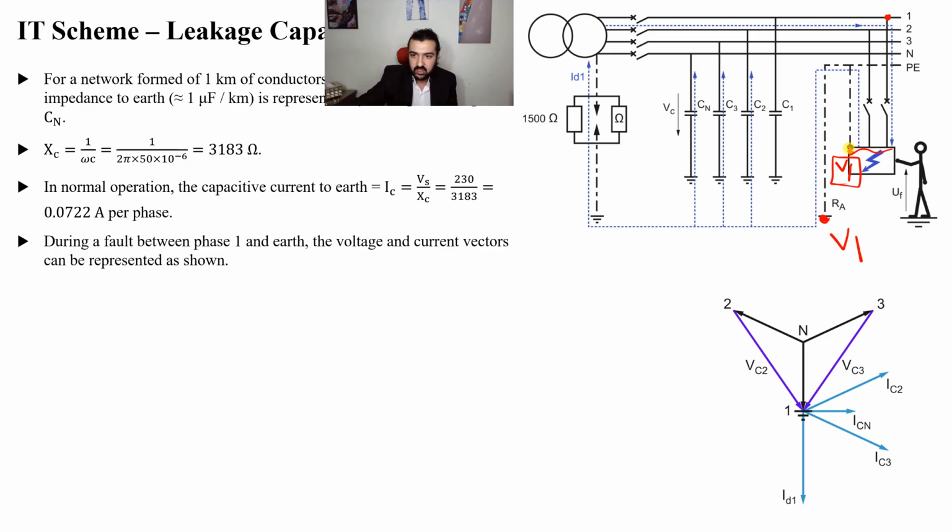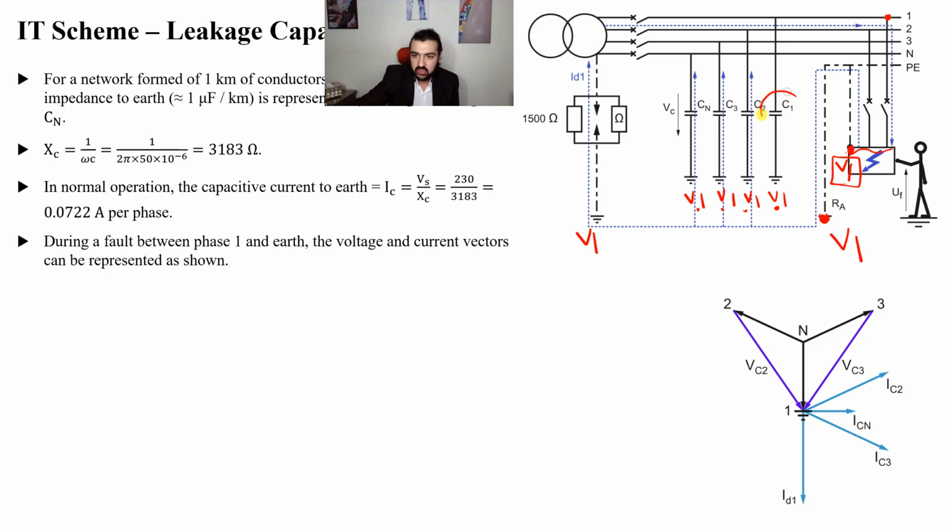Since the protective Earth is connected to the ground, and there is a breakdown happening here, V1 is connected to the ground, so the ground itself became V1. A potential rise to the ground. This is number one. Number two: since this one became V1, what would happen?